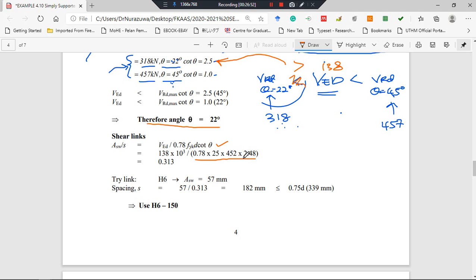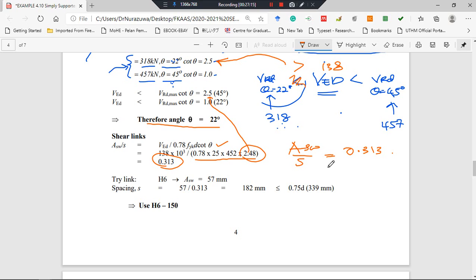You get around 2.848 or 2.8. If you use 2.5 here, you also get the same answer, 0.313.